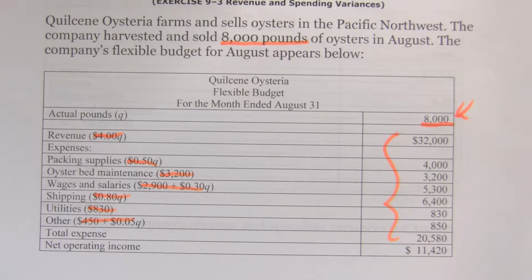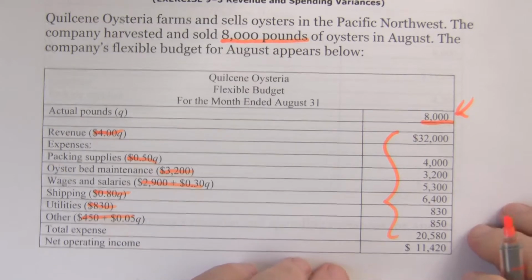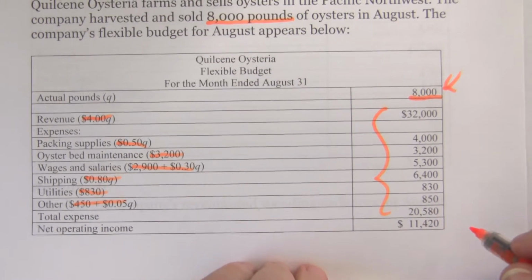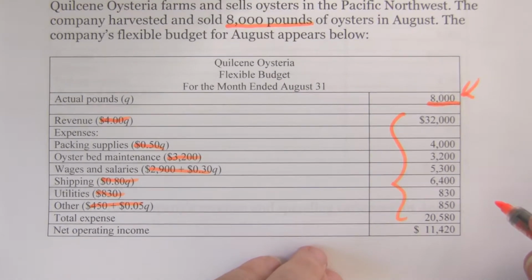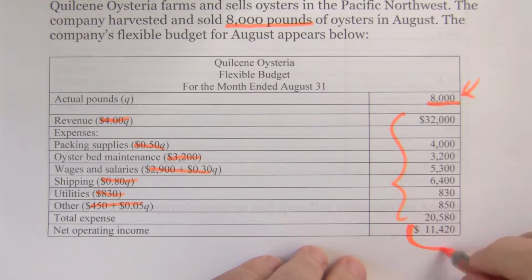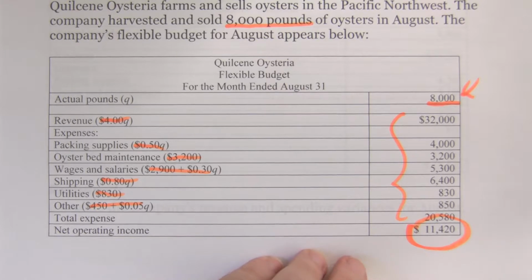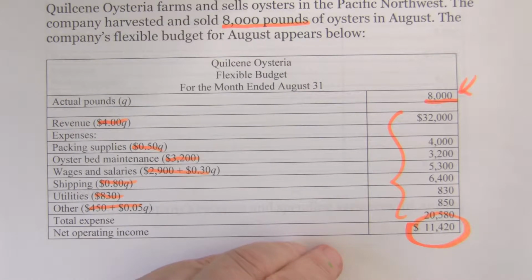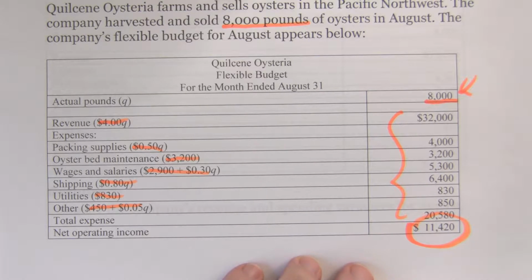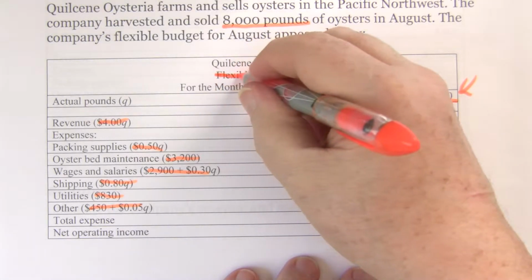And then they tell us that the total income was $11,420. Now the question is, how do we do? That's what we expected to do. All of these numbers here were expected numbers. This is the flexible budget.